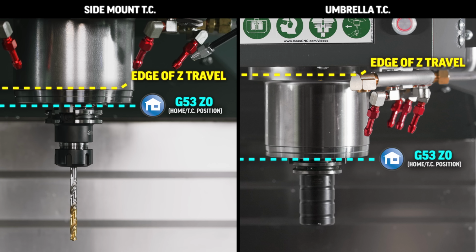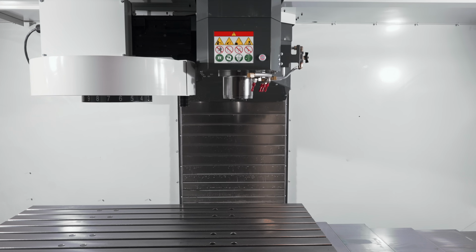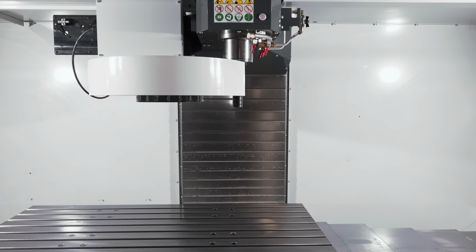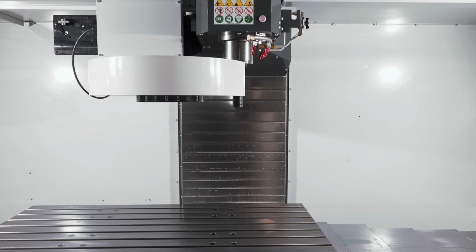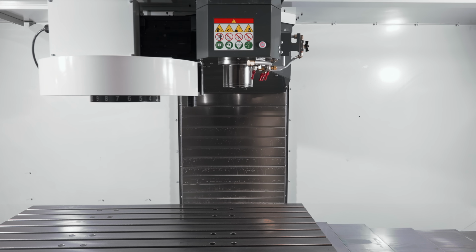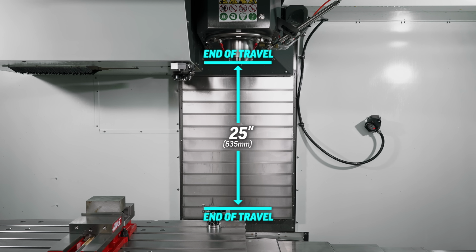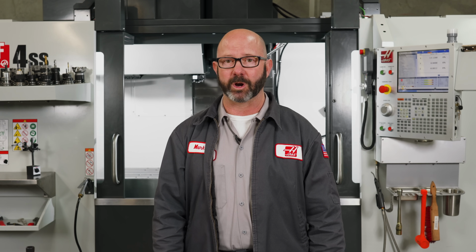These machines will often have 4 inches or 100 millimeters of Z travel above our Z0 home position, where mills with side mount tool changers may have less than an inch. Now, there is no difference in overall travel between a machine with an umbrella tool changer and one with a side mount tool changer, but that travel is centered differently because of the different tool change positions. Our VF4 here has 635 millimeters, 25 inches of usable Z travel, regardless of the tool changer that we put on it. This has been the theory behind probed tool and work offsets.